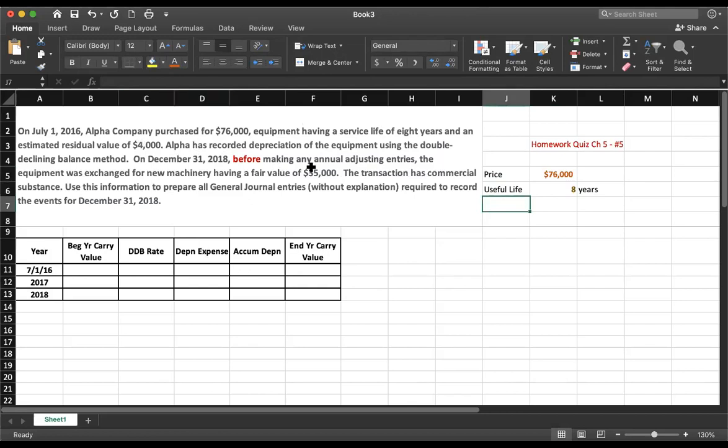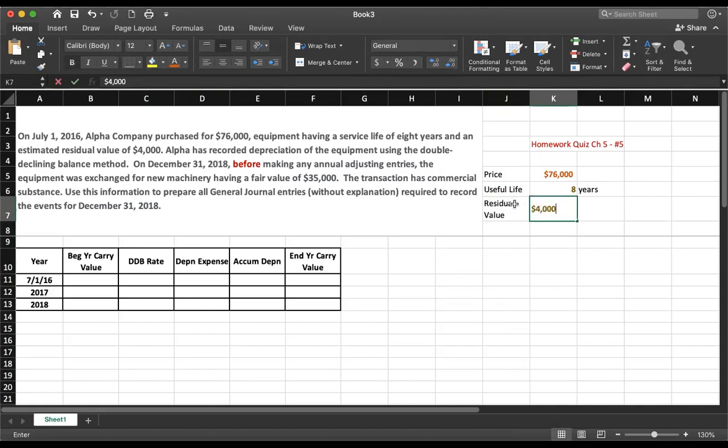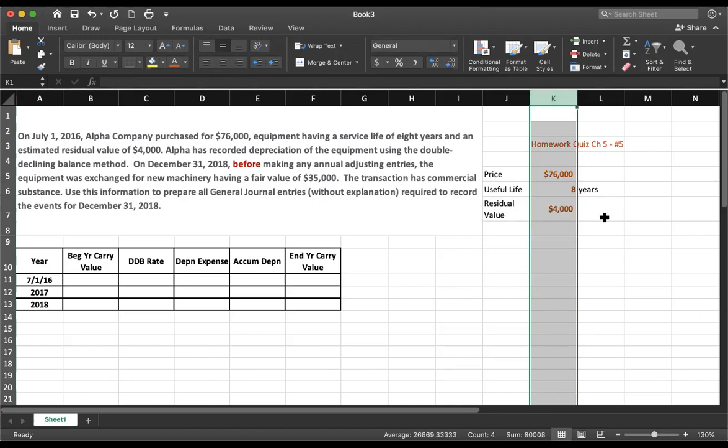And they said that the salvage value, or the residual value, they anticipated to be $4,000. So this is the information that we have.